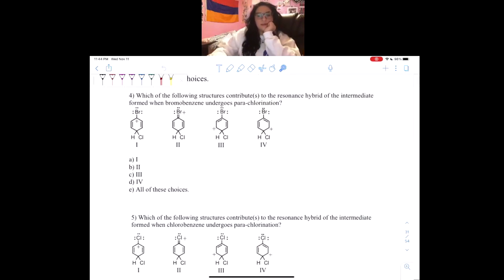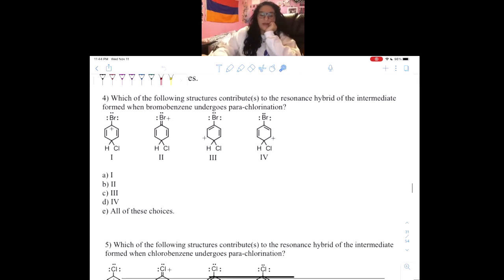This first one, number 4, is asking which of the following structures contribute to the resonance hybrid. So it's asking you for all of the possible resonance structures. Be careful, because if you don't read it thoroughly, you won't see that it says when bromobenzene undergoes parachlorination.